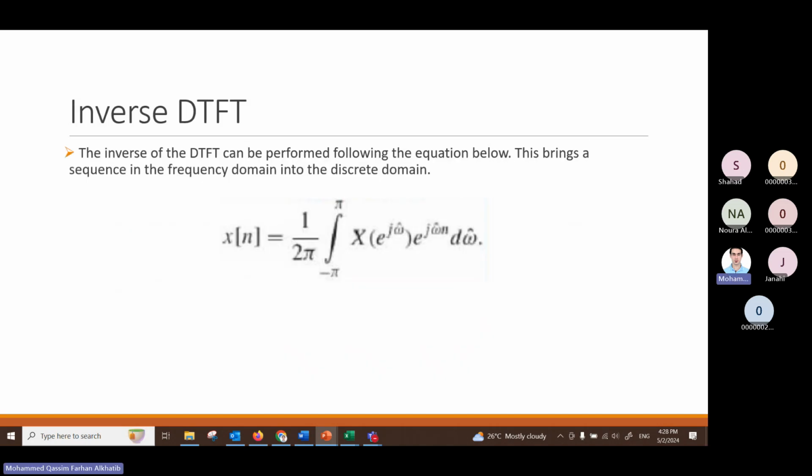Now, inverse DTFT, similar expression. However, here we divide by 2 pi, and the integration goes from negative pi to pi. Good thing here is that we rarely rely on the actual formula. Once we go into the pairs, it's just a comparison, easy.